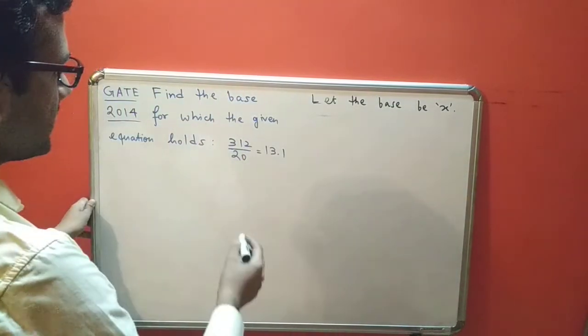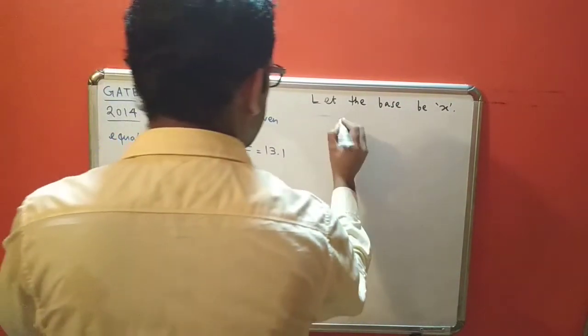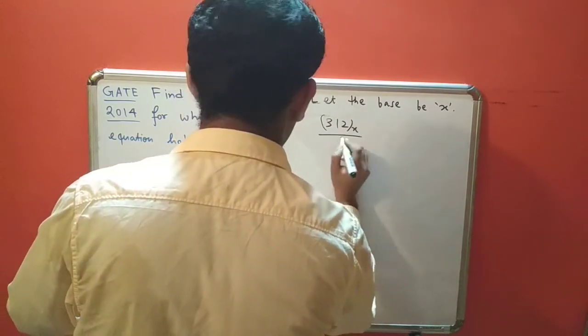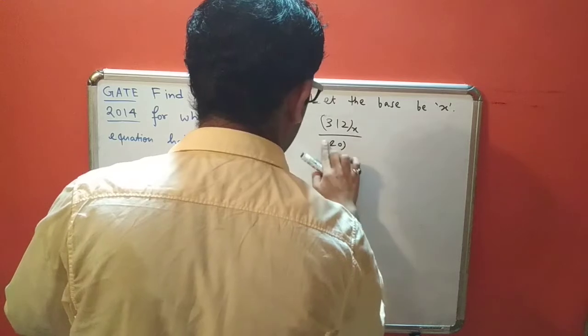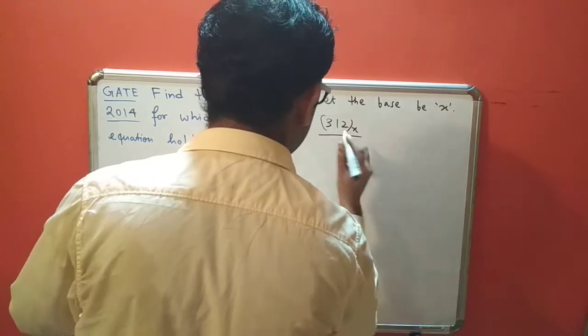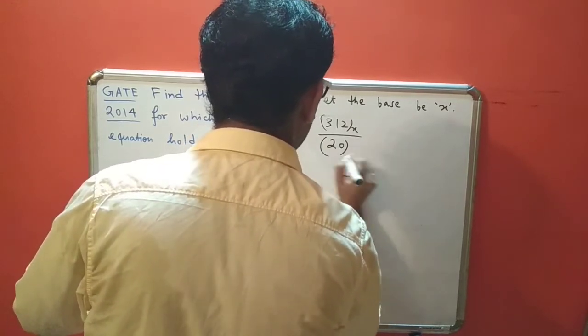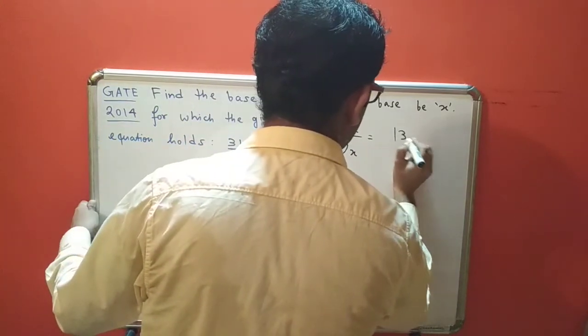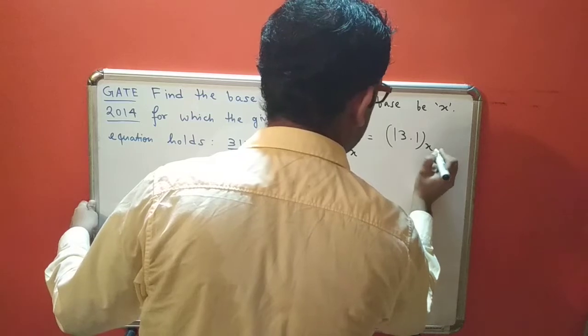Now my base is x, so all these three numbers are now in base x. 13.1 base x. Now what to do?